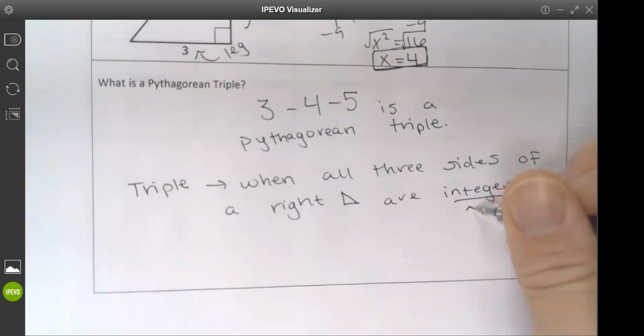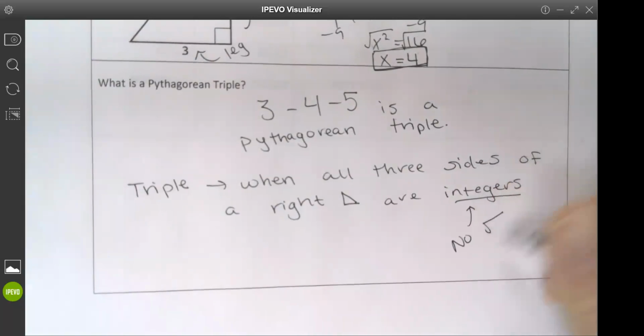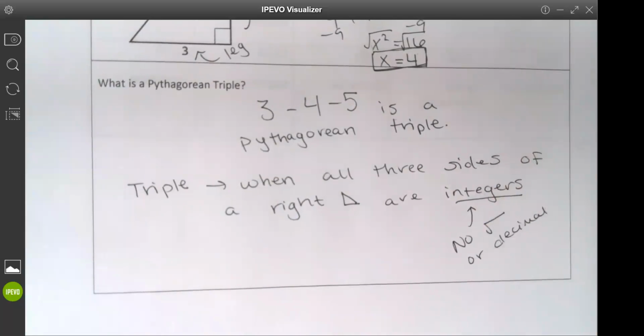Integers meaning there's no square root or decimal as part of either my legs or my hypotenuse. Okay.